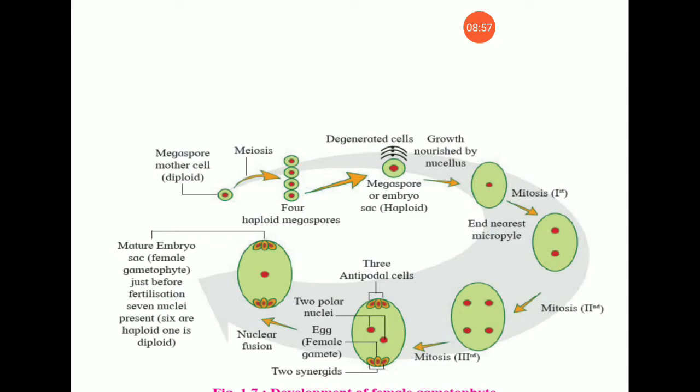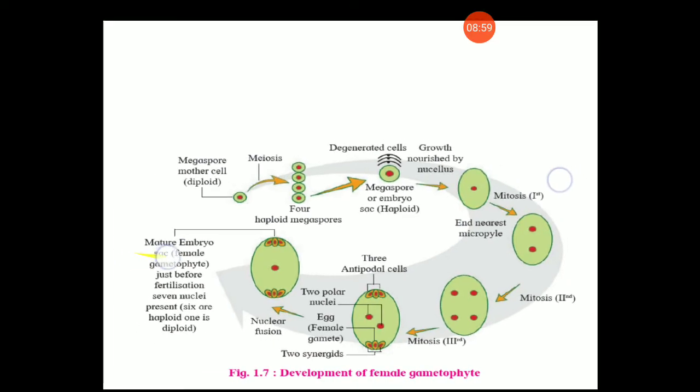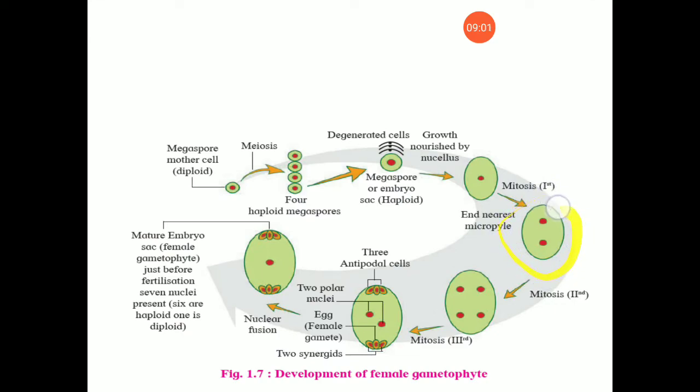Here, first mitotic division, second mitotic division, and third mitotic division. First mitotic division results in formation of two nuclei, 1 and 2.